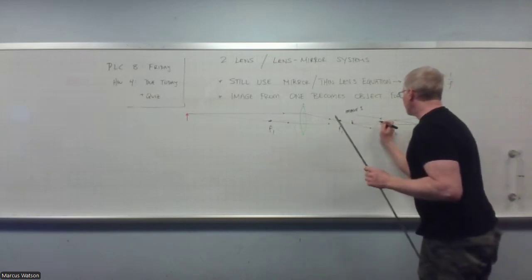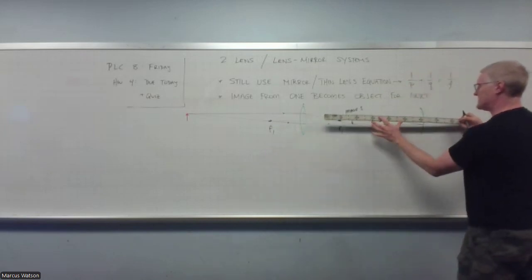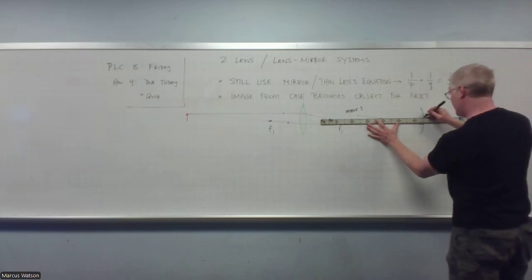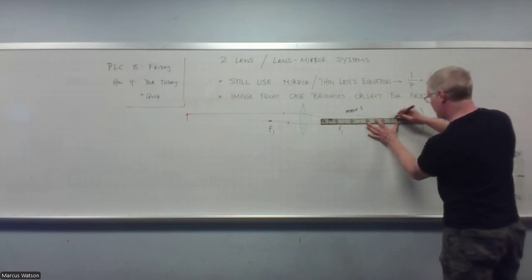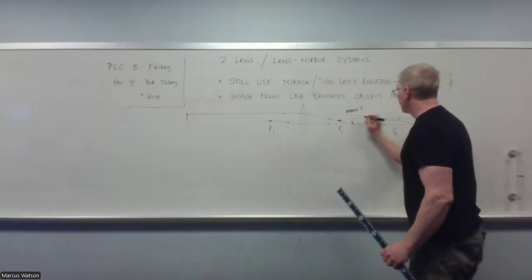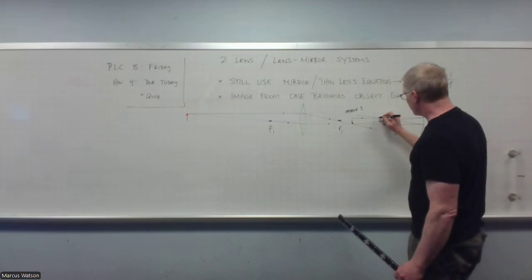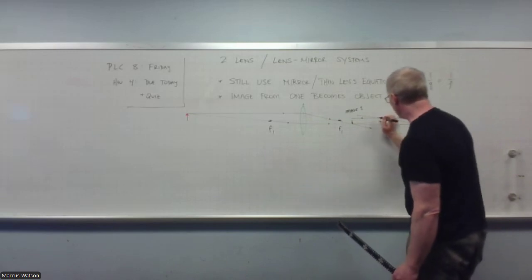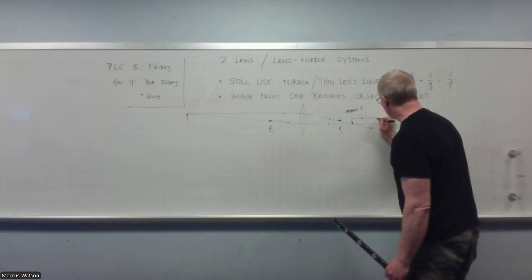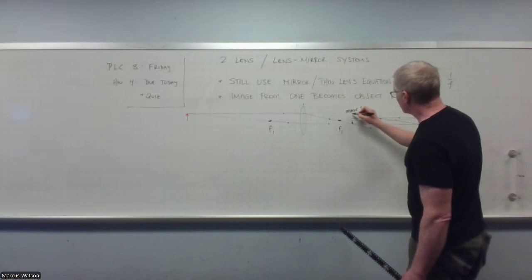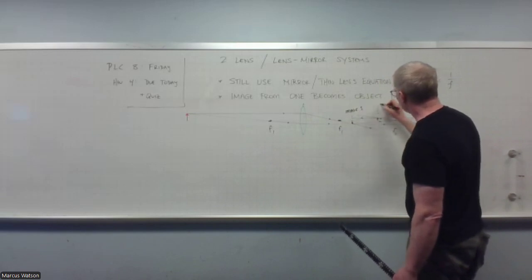That's going in, and now it is coming out, and it's going to be going parallel with the axis, so it should be going something like this, like that. And it looks like my second image is apparently right about here. Okay, so image number 1 is there. Image number 2 is here.